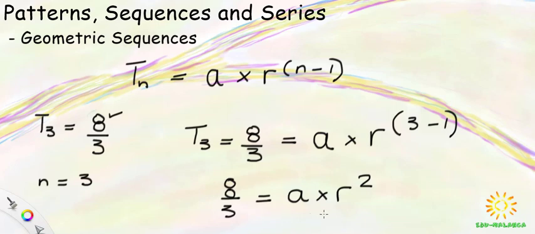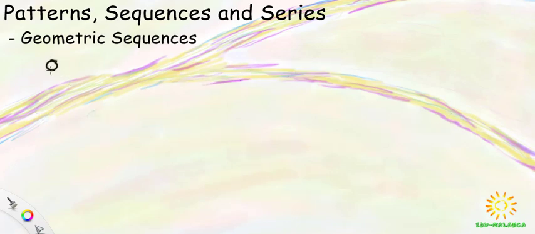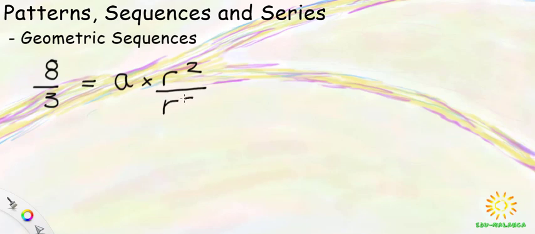We probably can't simplify the general term any further for term 3, but what we can do is perhaps make A the subject of our equation. Let's rewrite it on the next page. 8 over 3 is equal to A times R squared. In order to make A the subject of the equation, we're going to have to divide this side by R squared so that these two can then cancel out.